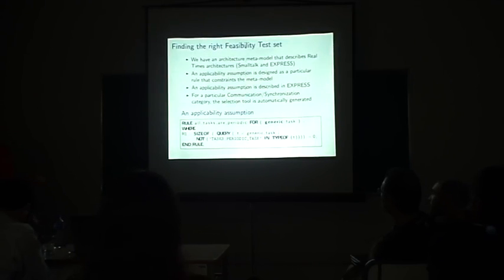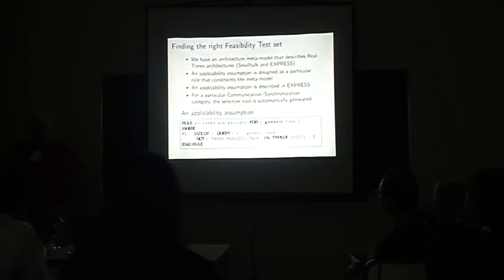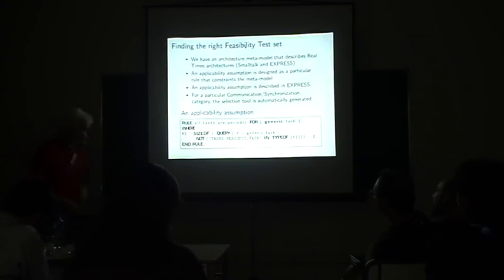So here is a rule that ensures that in your architecture, all the tasks will be periodic. It is specified in Express, but if you enter that in Platypus, you will have the Smalltalk components with the Smalltalk.